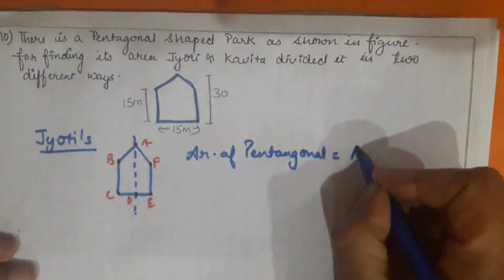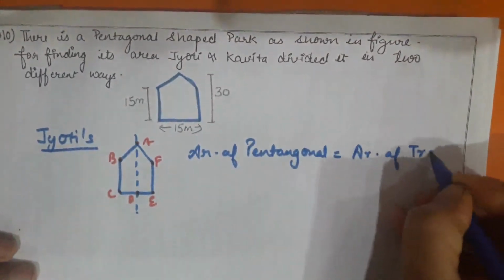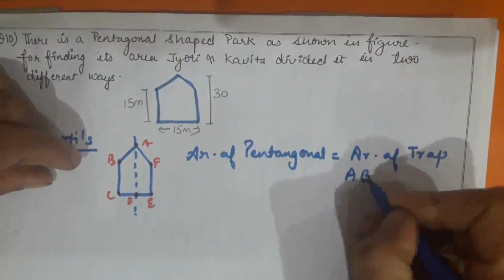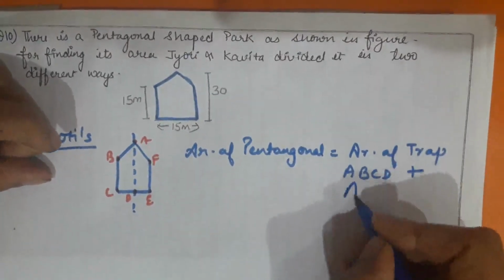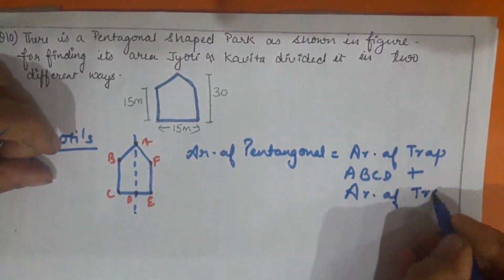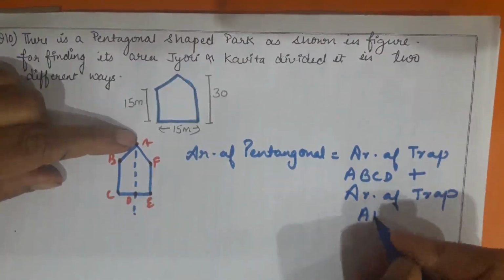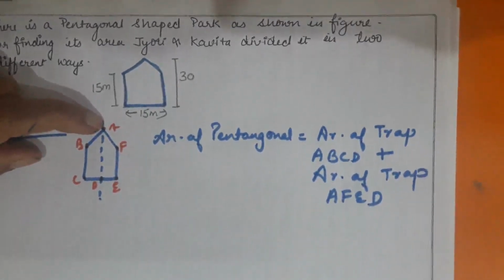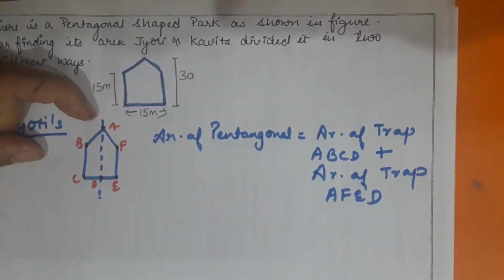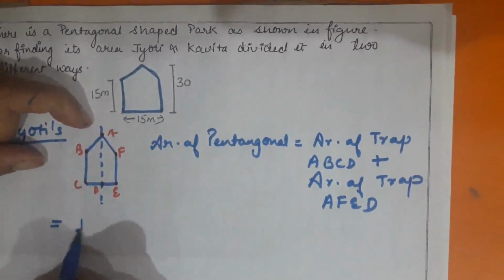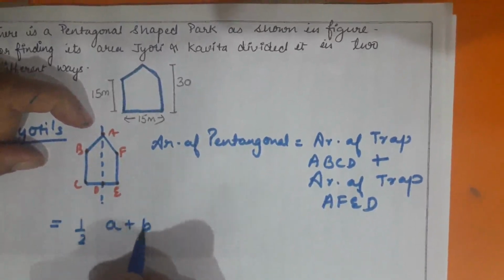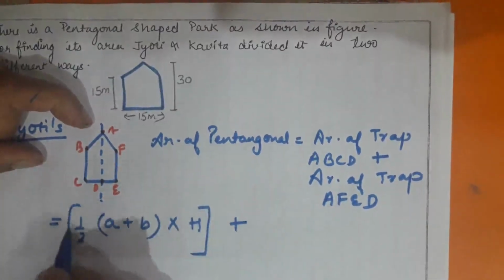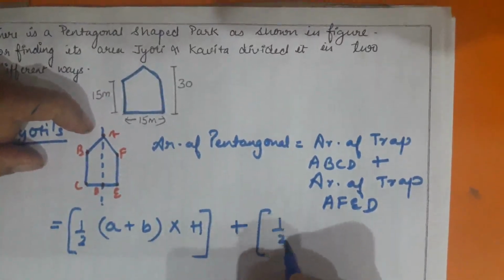So let's name them: area of trapezium ABCD plus area of trapezium AFED. So two trapeziums are there. Now let's find half (a plus b) into h, plus another trapezium formula.